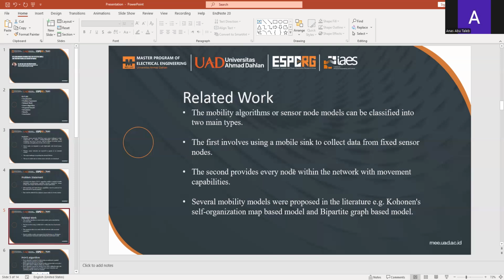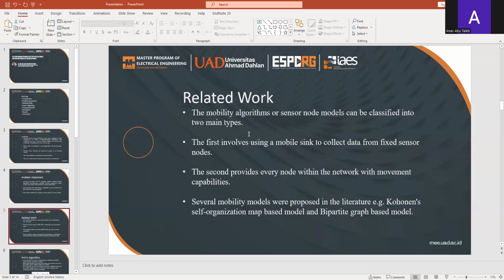Regardless of the way the mobility model is constructed, the movement of the mobile sync is divided into rounds. The first round can be called the movement round, while the other can be called the pause period. In other words, the mobile sync will start with the pause period, so it will stay in its current location for a specific period of time.